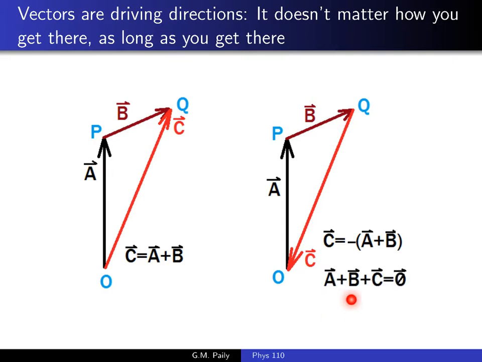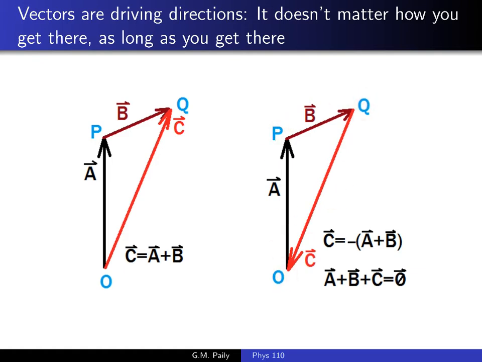Another way of writing that is that A plus B plus C, for this case, is 0. This is the 0 vector. Let's see how this statement makes sense. A plus B plus C, the net effect of these driving directions is to start at O, go to P, go to Q, come back to O. So the net effect is start at O, end at O. And so we have not gone anywhere. In other words, our final displacement is given by the 0 vector.